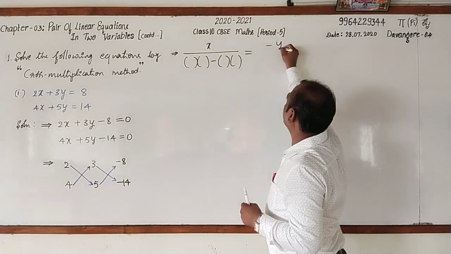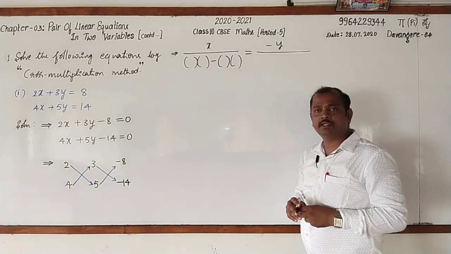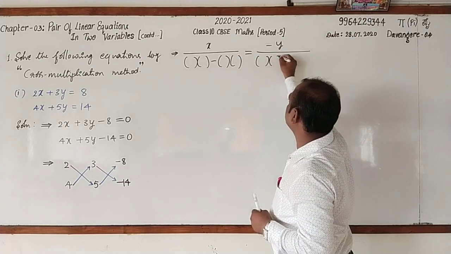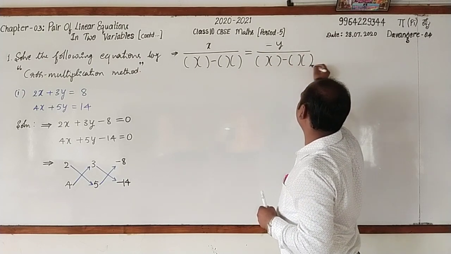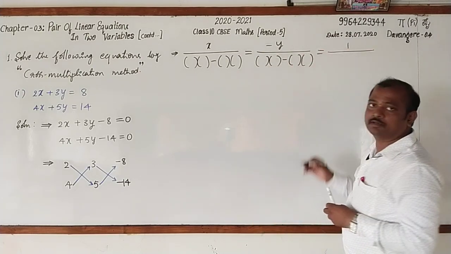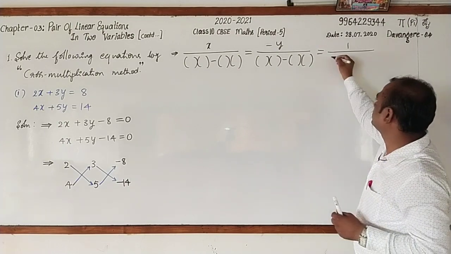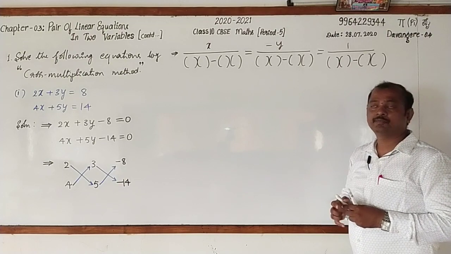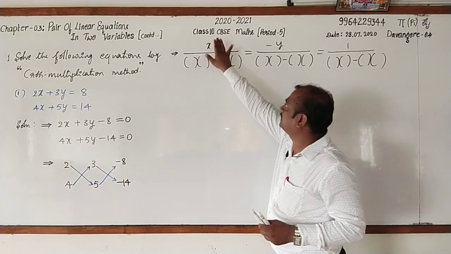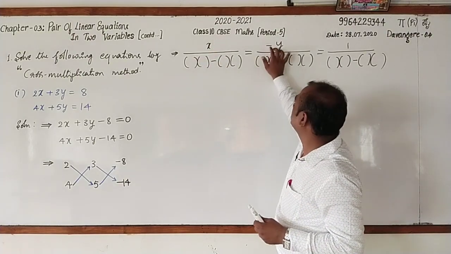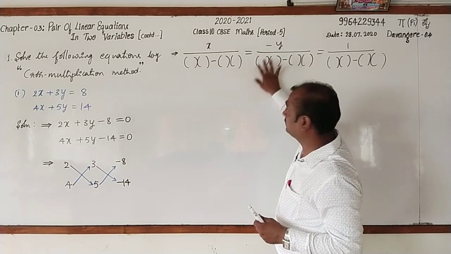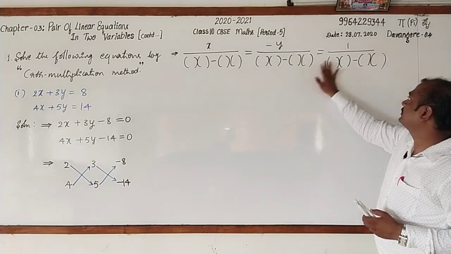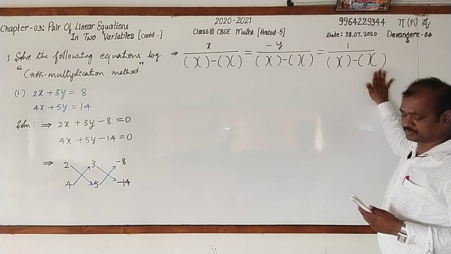Next, minus y by again 4 terms: 1, 2, minus 3, 4. Next, constant, again 4 terms: 1, 2, minus 3, 4. Once I repeat, x by these terms equal to minus y by these terms equal to 1 by these terms.